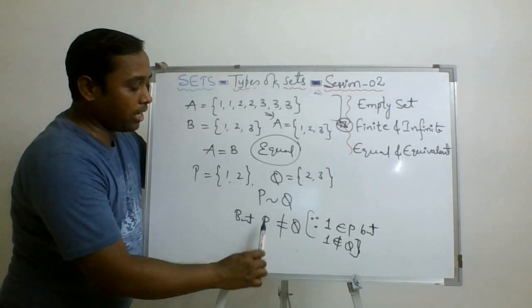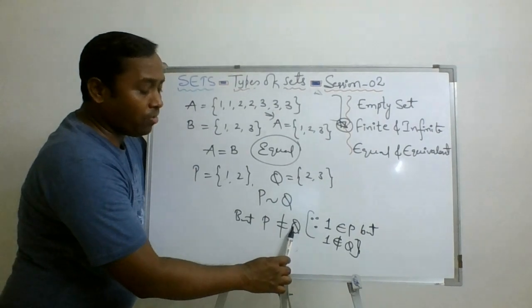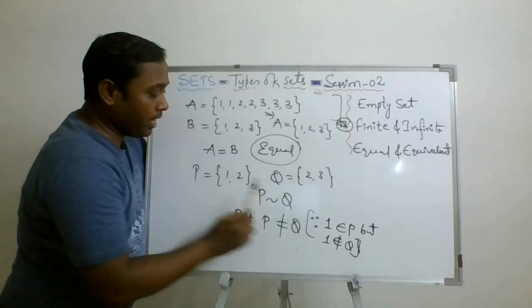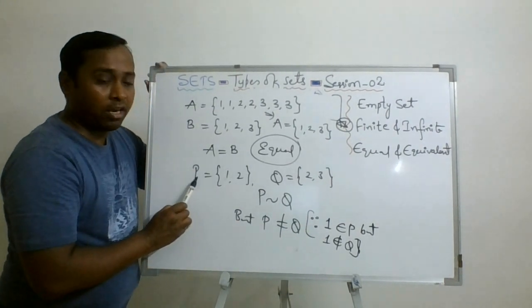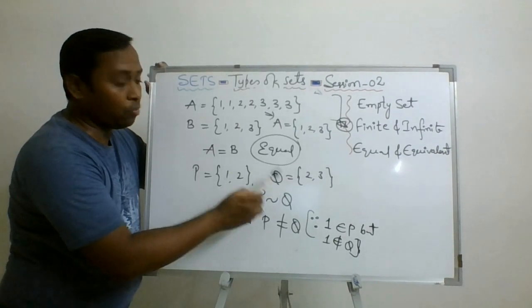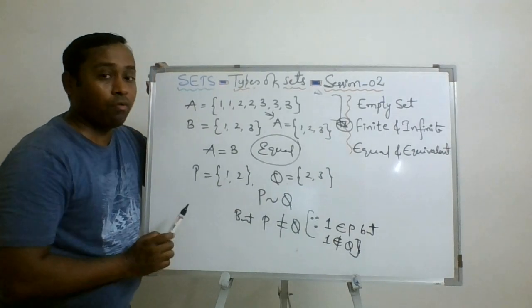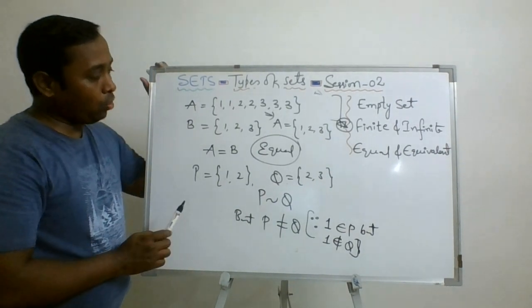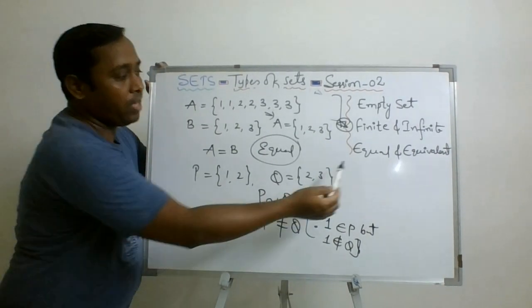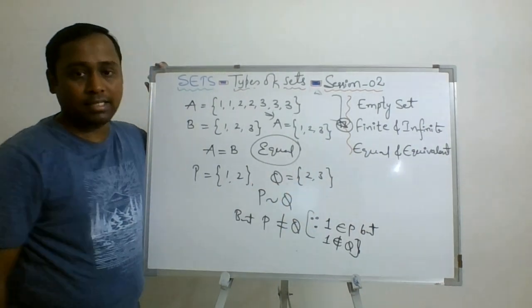Here we stated that set P is not equal to set Q simply by saying 1 belongs to P but 1 does not belong to Q. Hence P is not equal to Q, but they are equivalent sets. I hope you have understood the meaning of equal sets and equivalent sets.